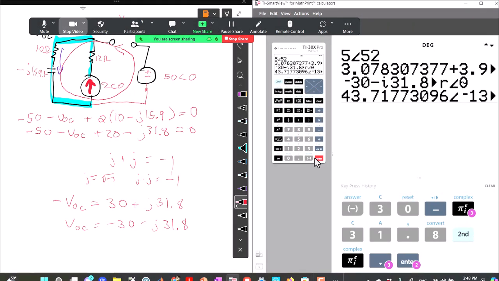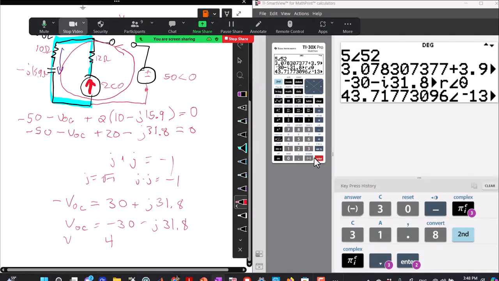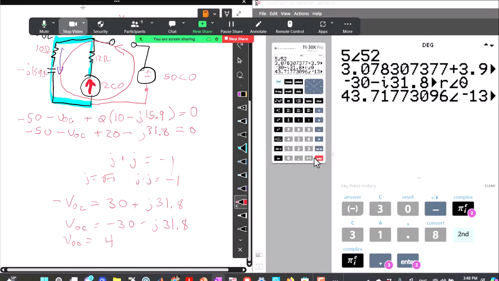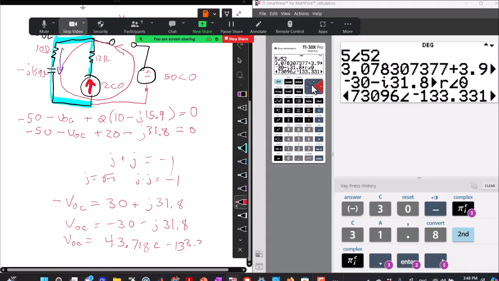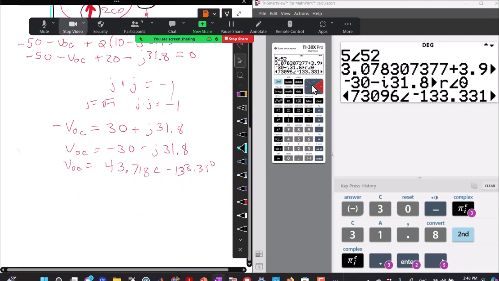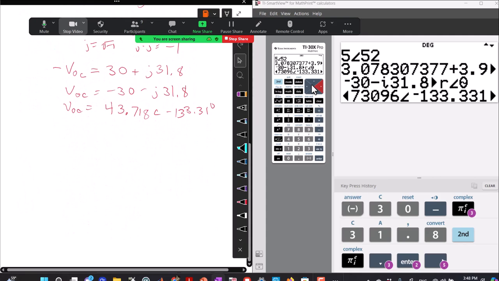Change that to polar, and I get, oh hey, I got this number once before, so that's exciting. So V open circuit is 43.718 angle minus 133.31 degrees. Okay, so now I need to get Z Thevenin.